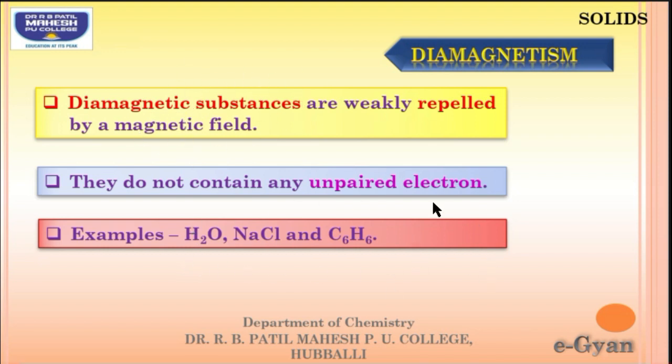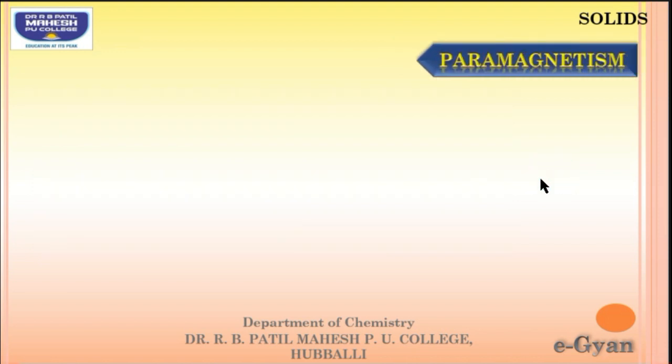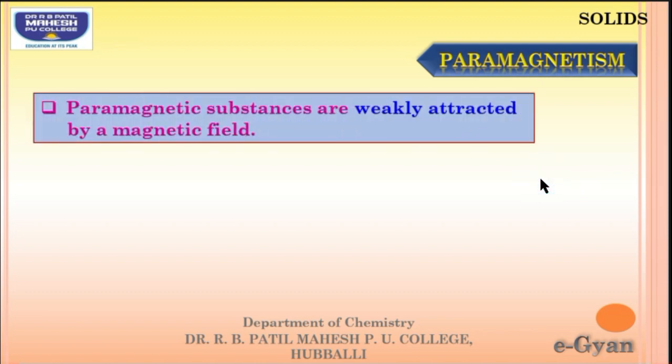And example. Second one is paramagnetism. The substances which are weakly attracted by the magnetic field are known as paramagnetic substances. Now you can imagine, diamagnetism was due to the absence of unpaired electrons, but here they should be present.